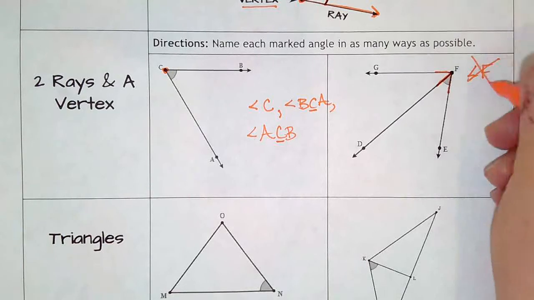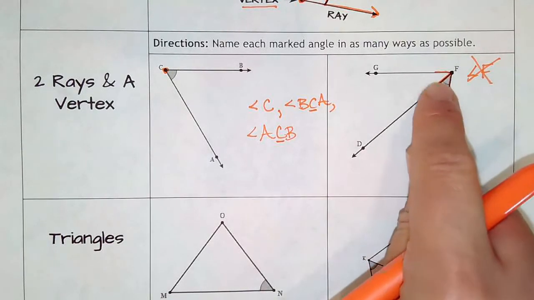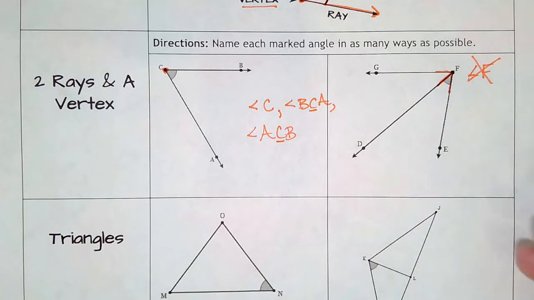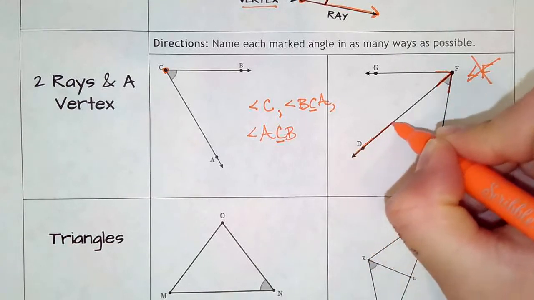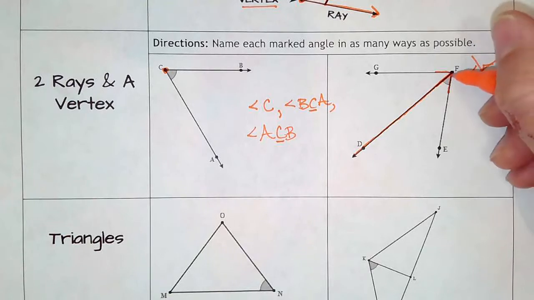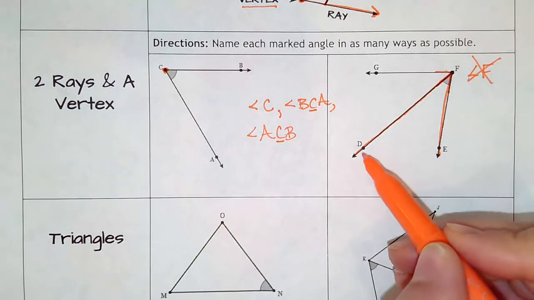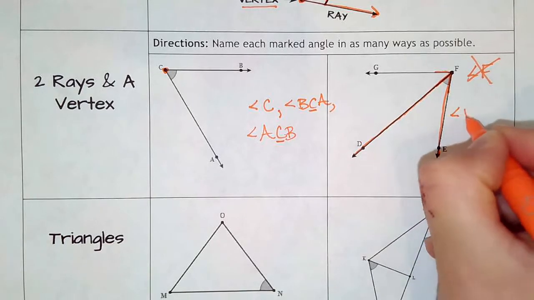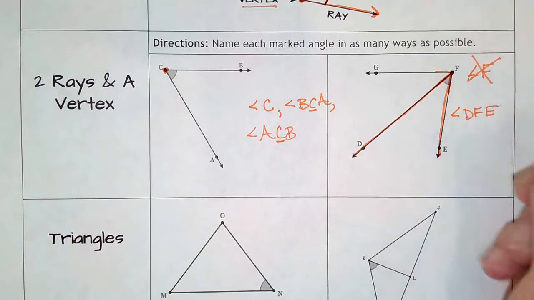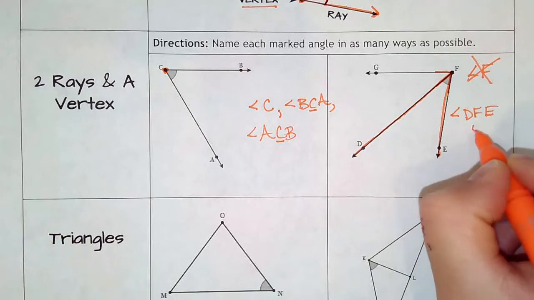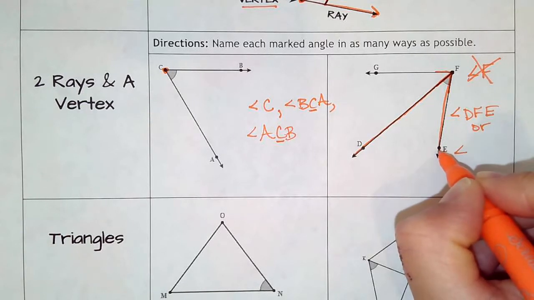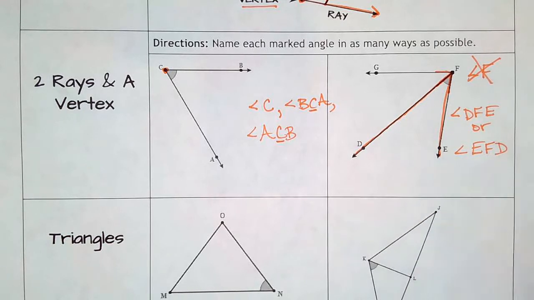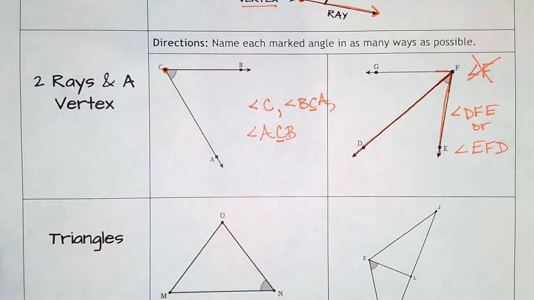So that is not enough information because there's actually 2 angles formed here at point F. So if we're going to talk about specifically the angle that they have shaded, we would have to say angle DFE. See how F is our vertex? Or the other way, EFD. Okay, so those are our options.